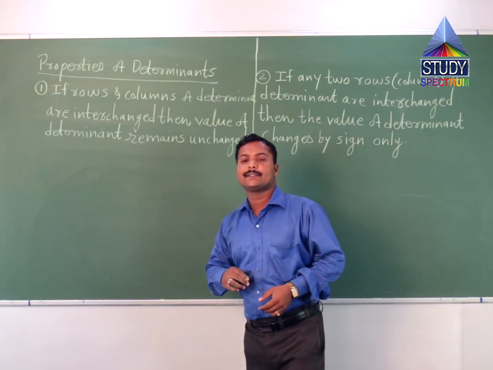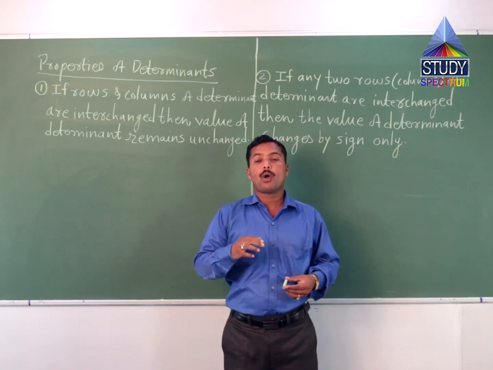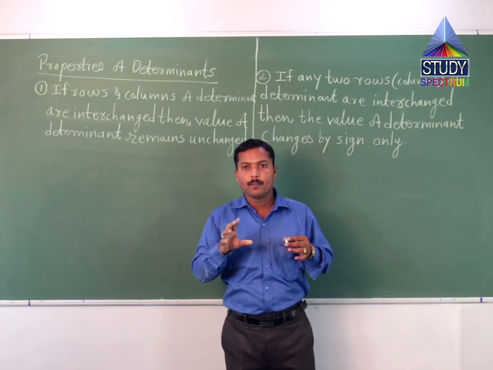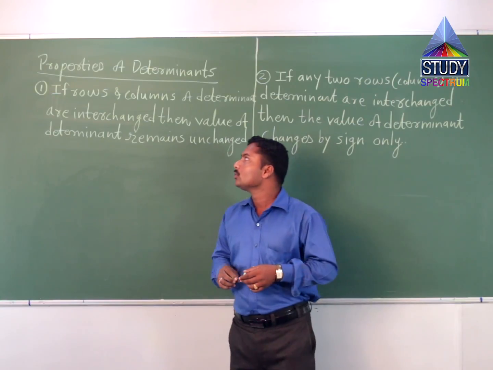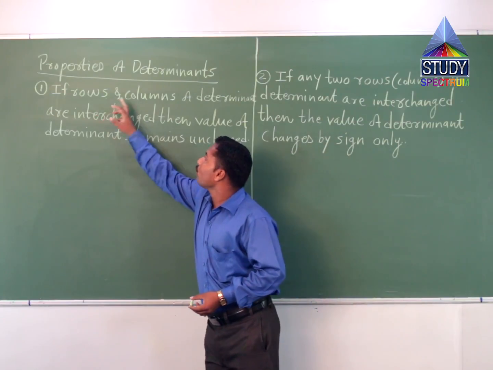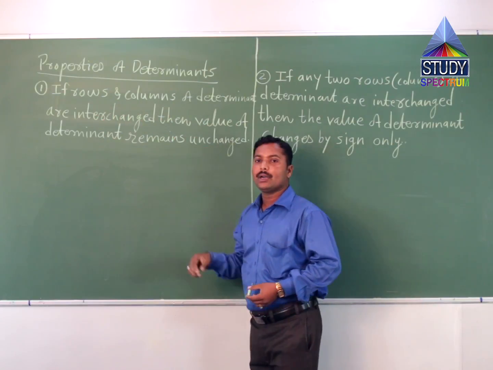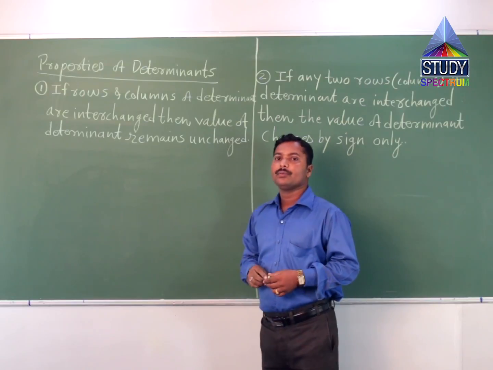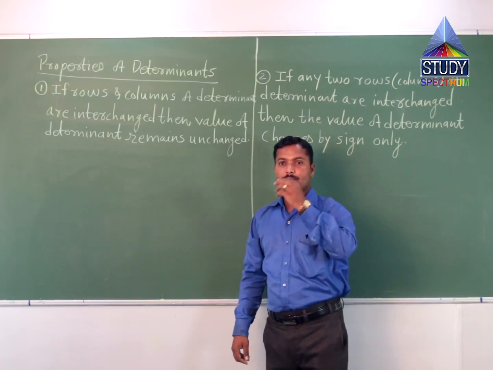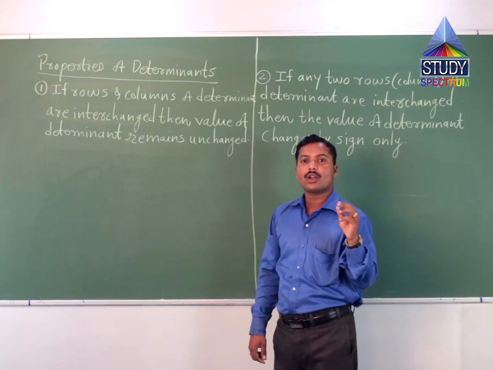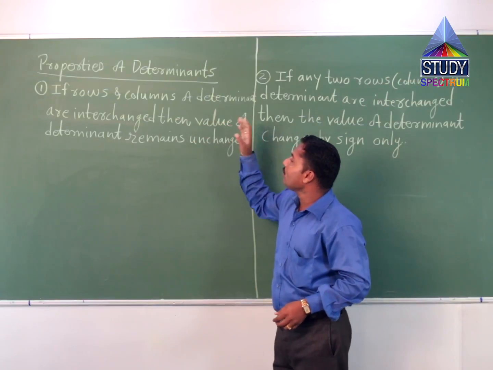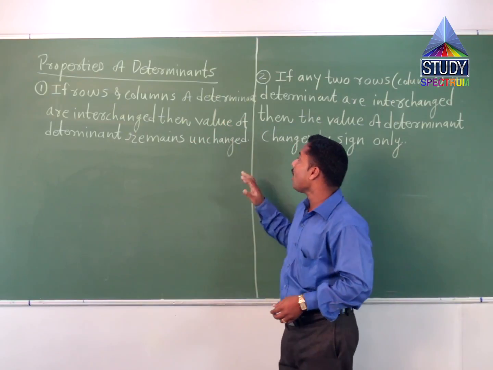So we discuss the next concept, properties of determinants. Determinants have some properties. The first property: if the rows and columns of a determinant are interchanged, meaning we make the first row the first column and the first column the first row, then the value of the determinant remains unchanged.